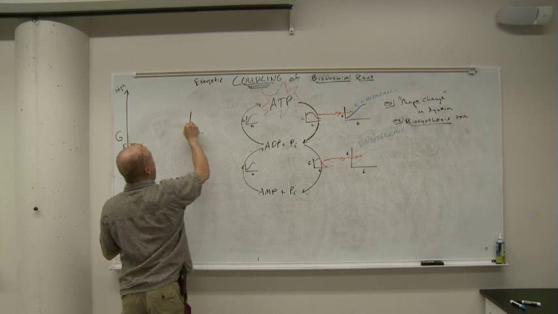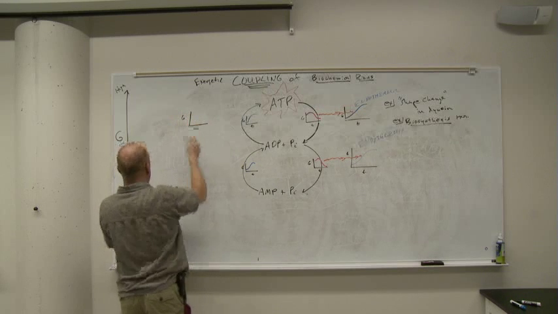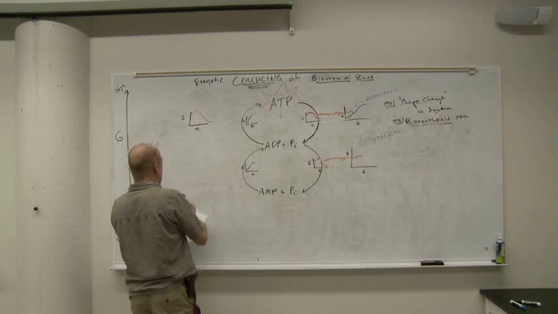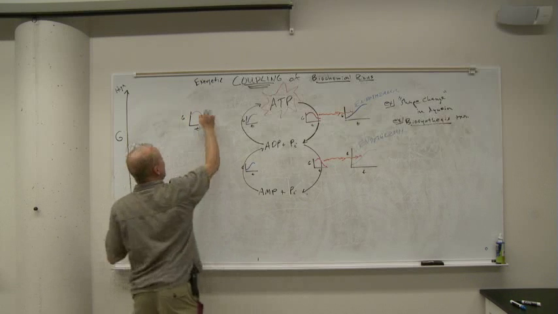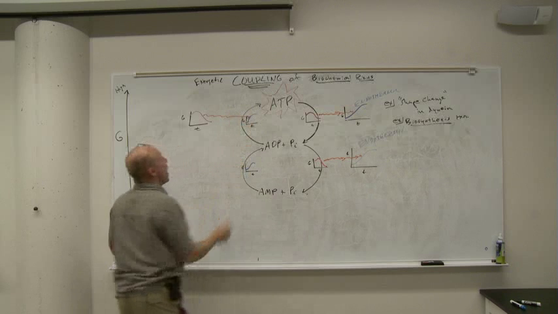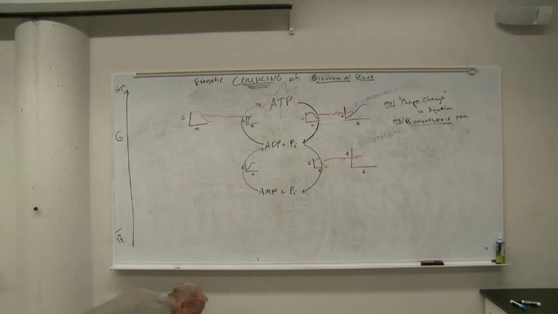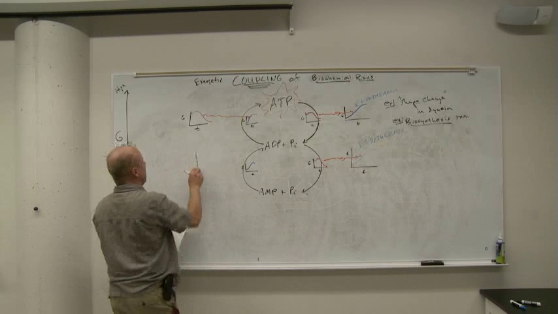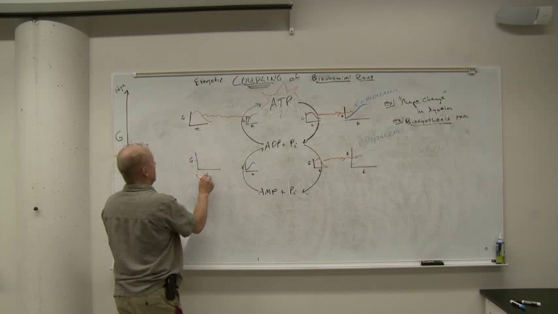We need to take reactions that are exothermic, like this one here, and we need to give this energy given off to drive the synthesis of ATP. And there would be another reaction here that can make ATP.